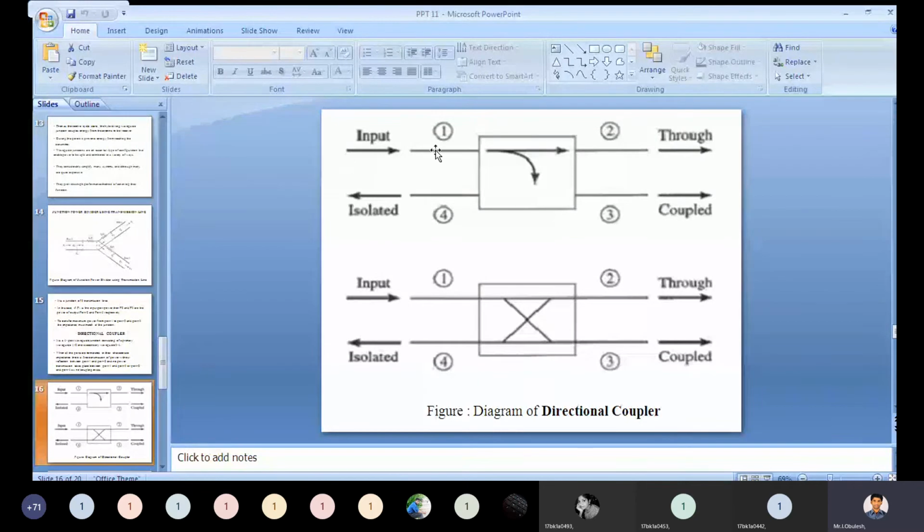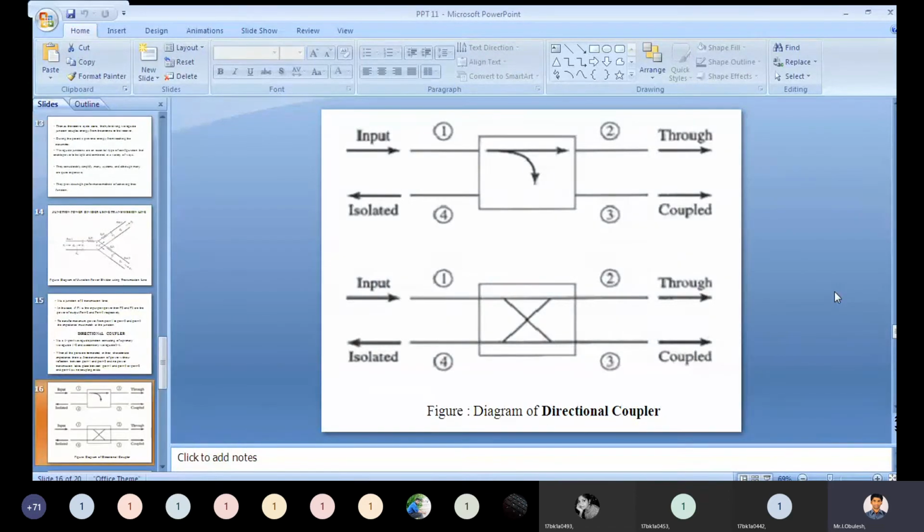When all the ports are terminated in their characteristic impedance, there is free transmission of power without reflection between port 1 and port 2.